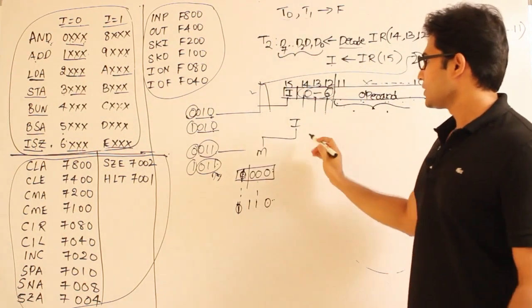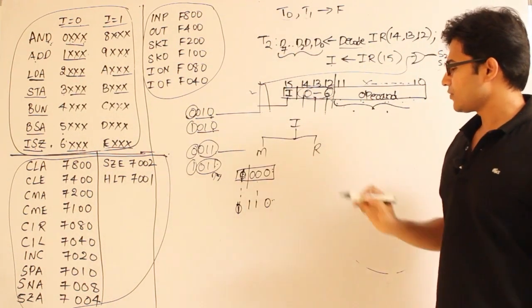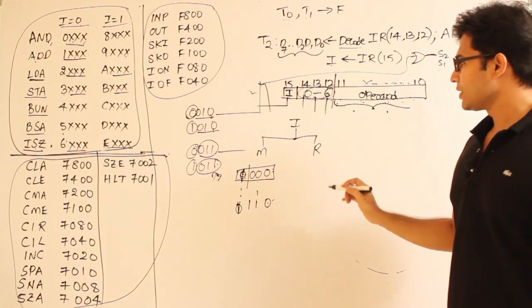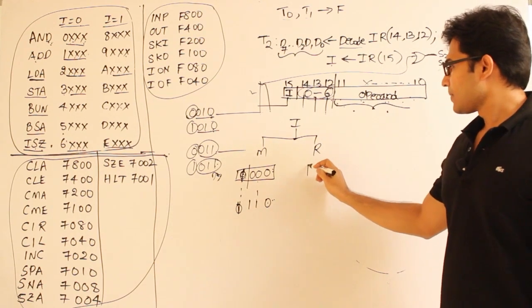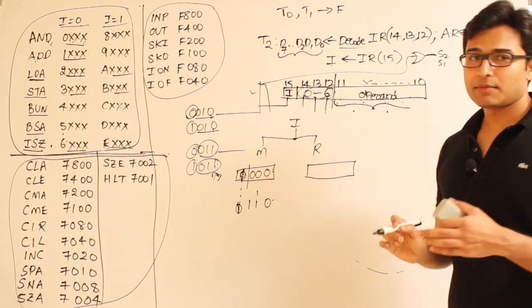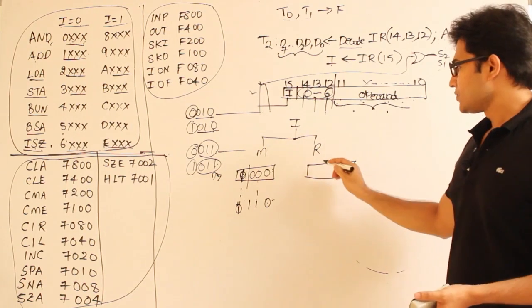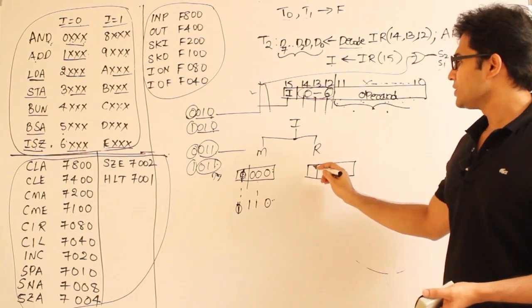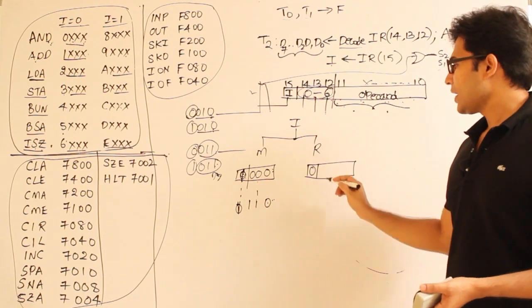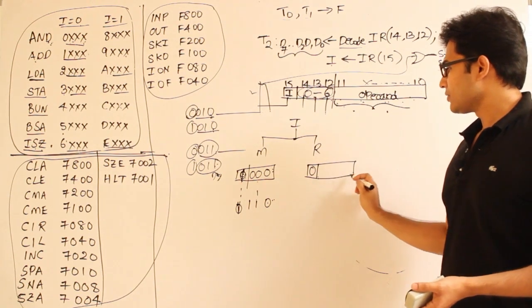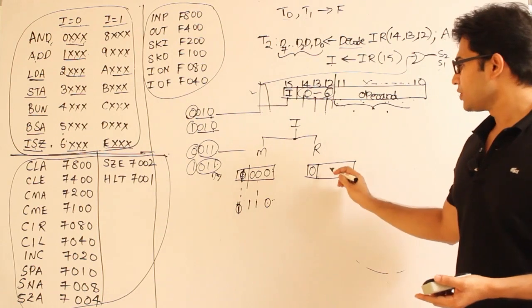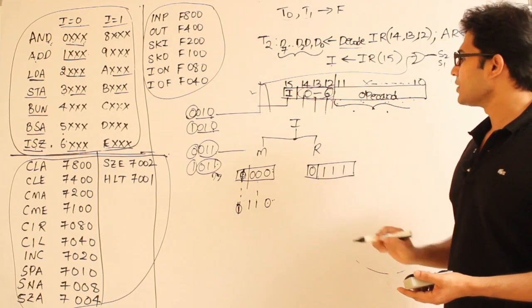Now the next one is register related instructions. I'm just talking about the opcode part. This I bit is going to be 0, and these 3 bits of the opcode are going to be 111, which is 7.